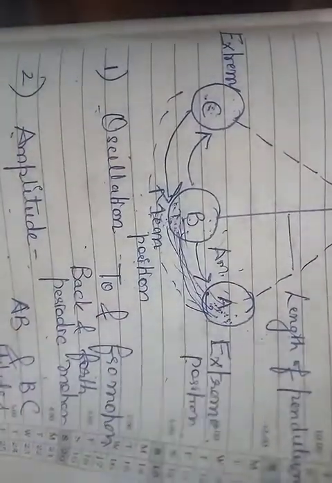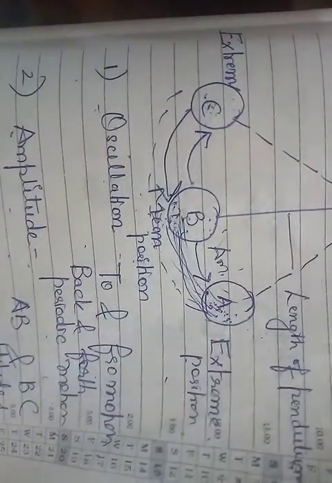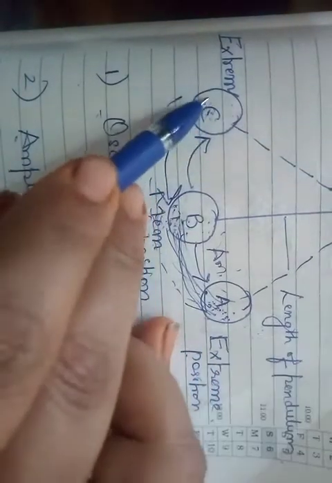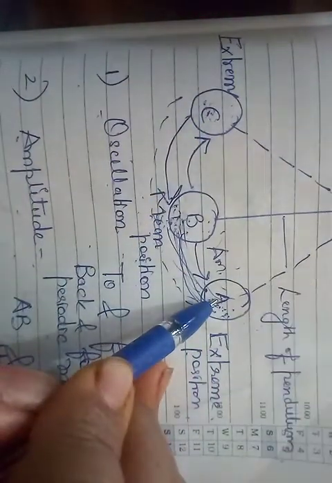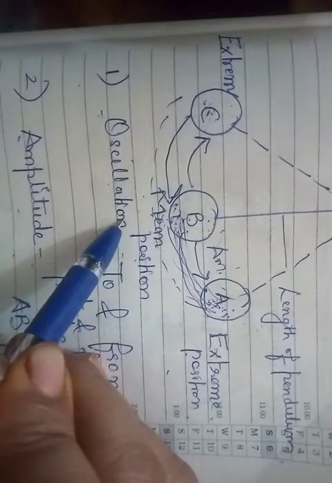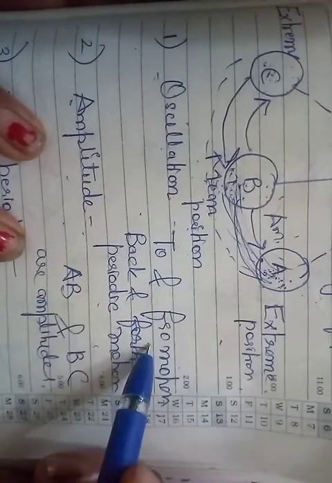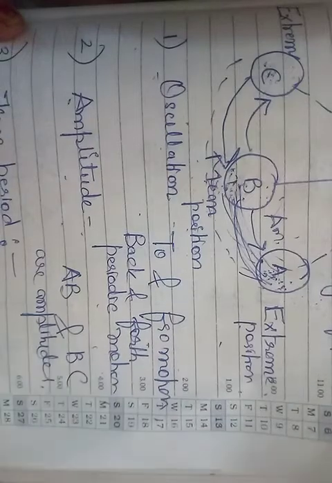So one oscillation means the object starts moving from A to C and comes back to the same position where it started. That is oscillation. This motion is called to and fro, back and forth, and it is also called periodic motion.